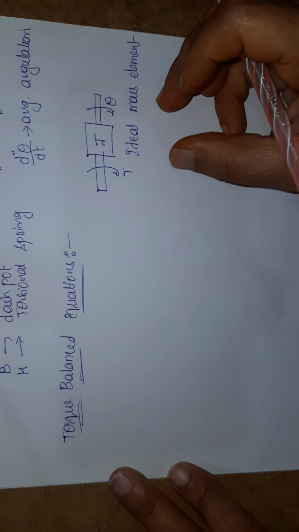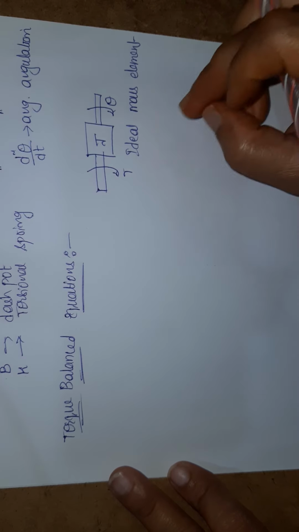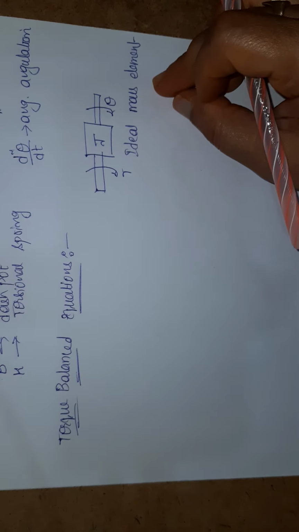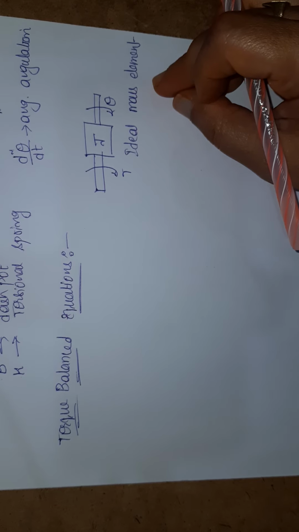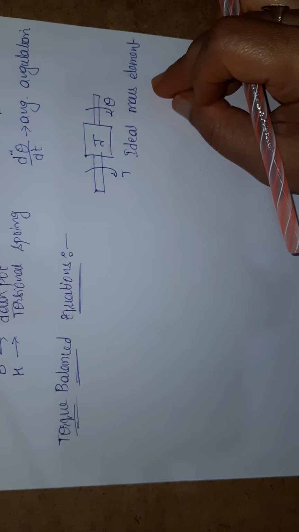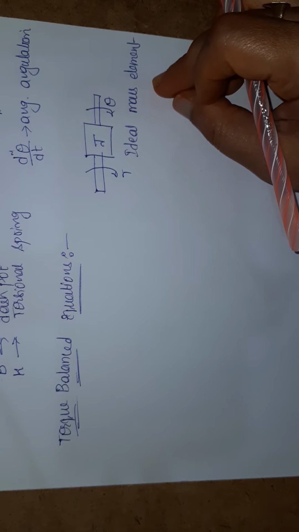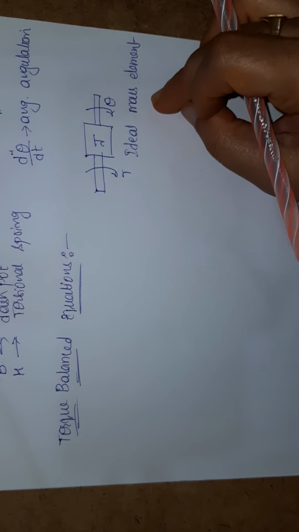These are negligible. The ideal mass element does not have B and K, that is dashpot and spring. There is no stiffness and no rotational frictional coefficient, because it is an ideal mass element.